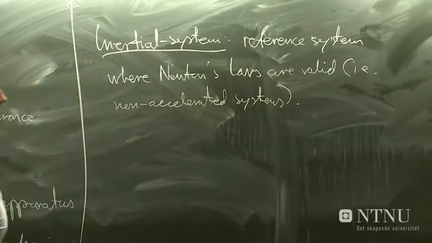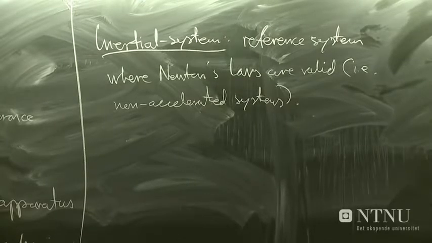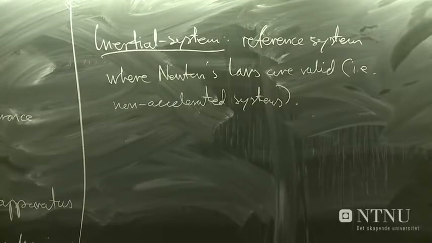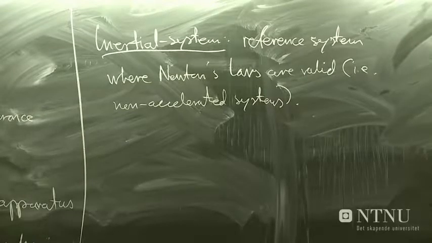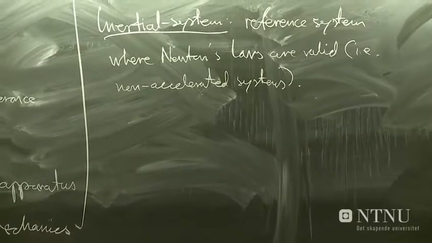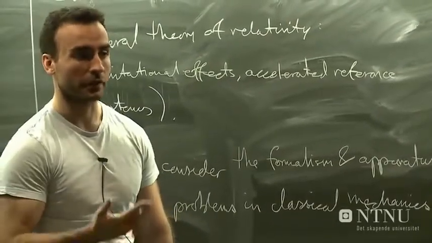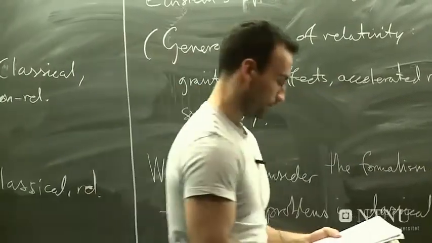Basically all inertial systems move relative to each other in a rectilinear way with a constant velocity. And with this in mind, we can now begin by writing down the two fundamental postulates of the special theory of relativity.